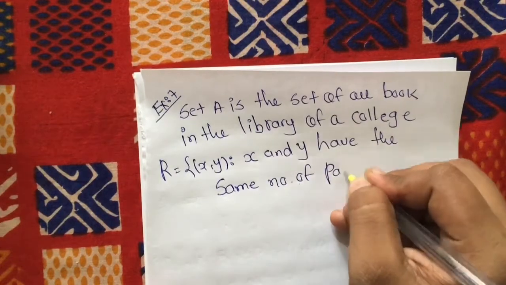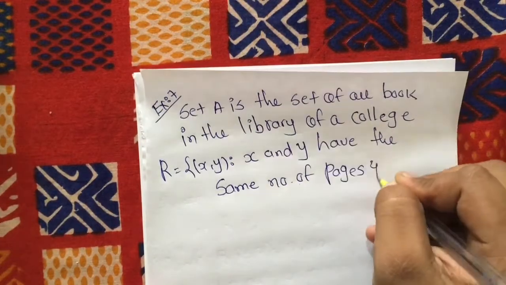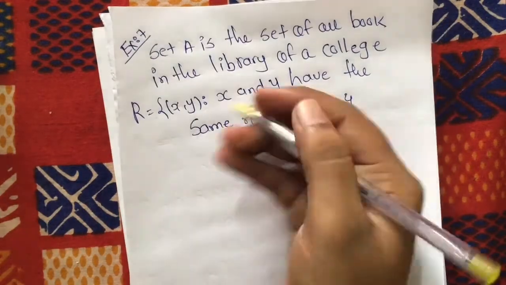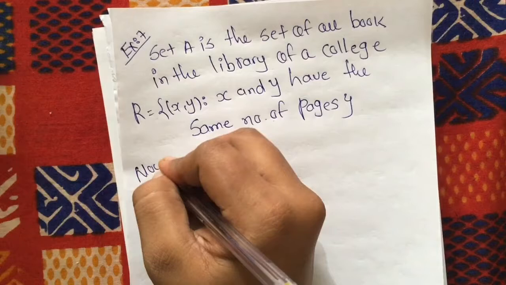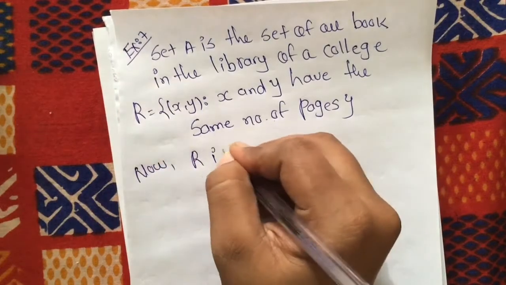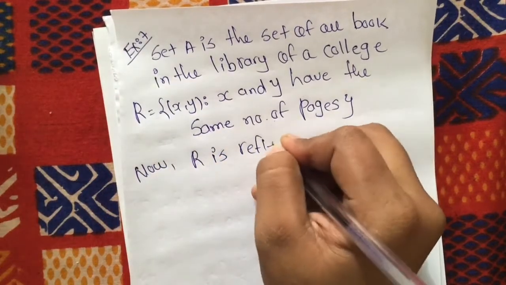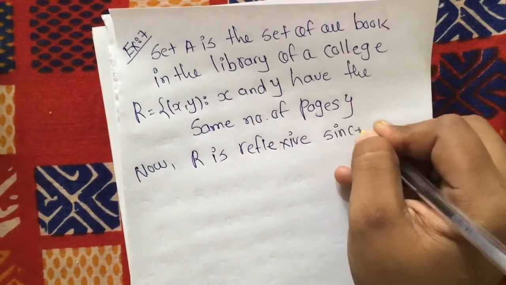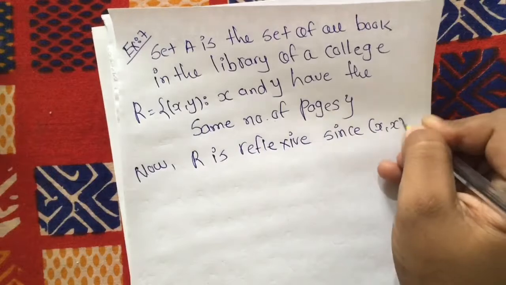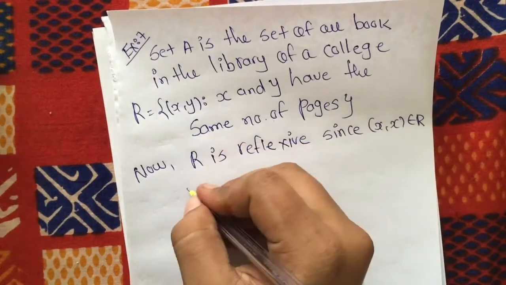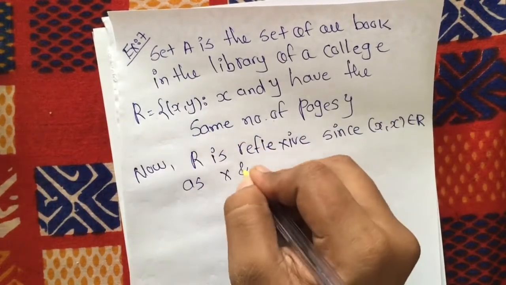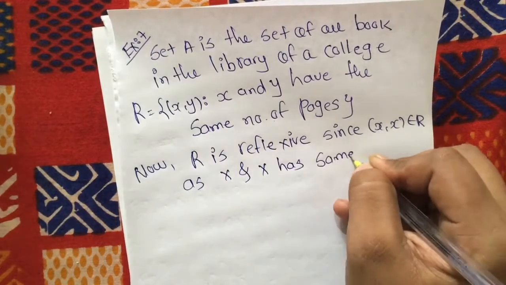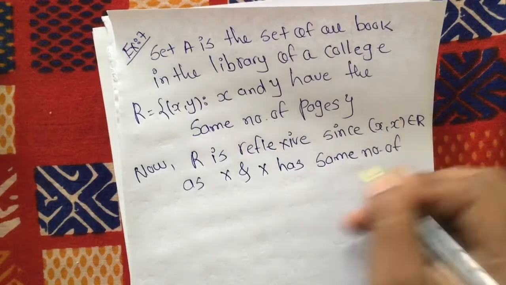So as I said, कि अगर दोनों बुक सेम है then the pages are same. Okay. So now R is reflexive since (x, x) belongs to R, as x and x have the same number of pages.